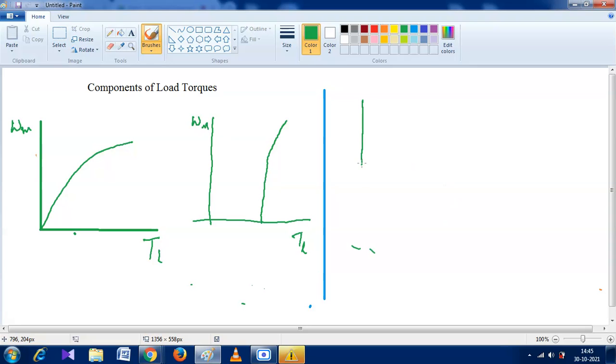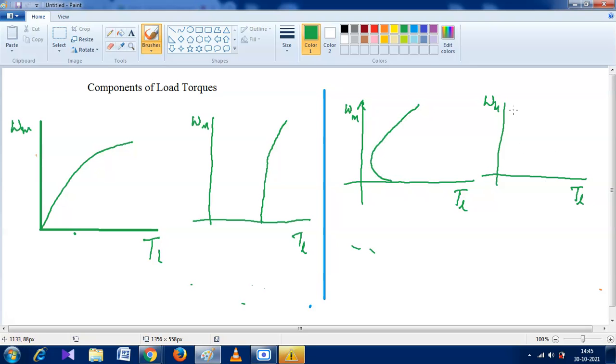Another part. Now tell me, in which case we see this kind of nature with top speed?